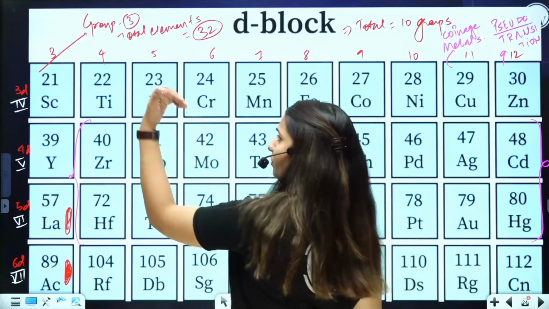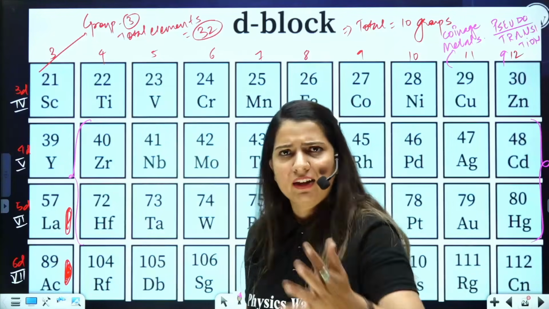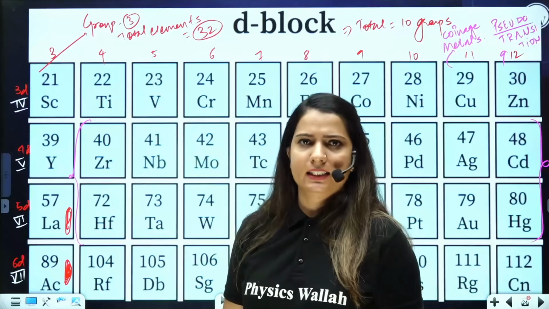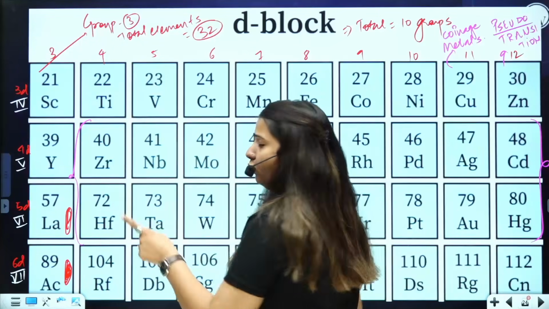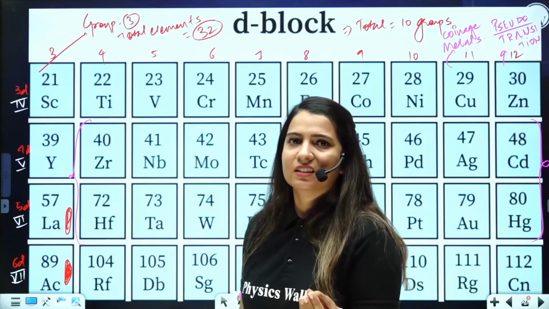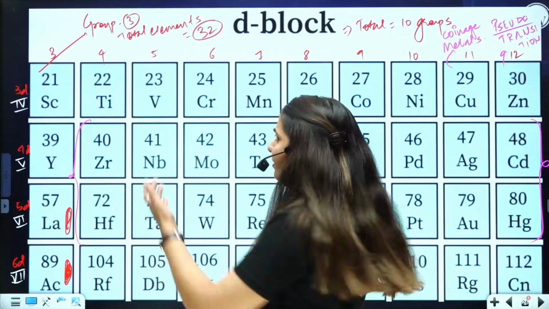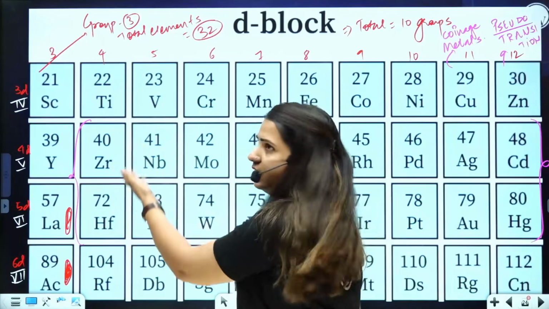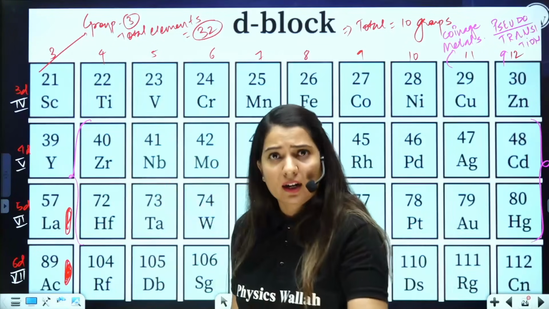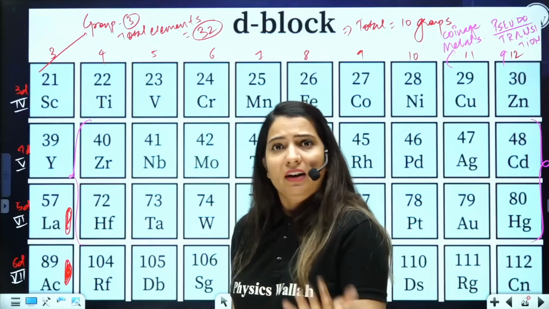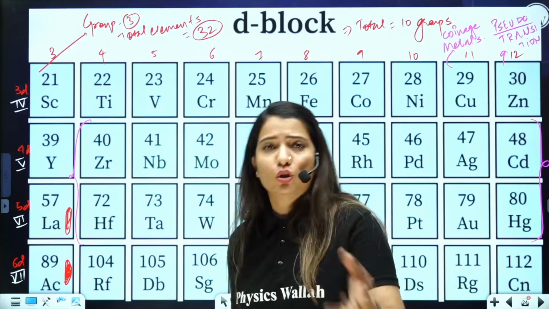When you're moving from 3D to 4D, there is a significant increase in the size. But when you're moving from 4D to 5D series, very less increase in the size. Let's say if this is 100, this is 200, and this is 201, or maybe 200 also, maybe 199 also. There is similarity in the sizes.